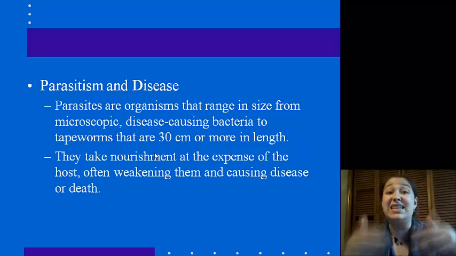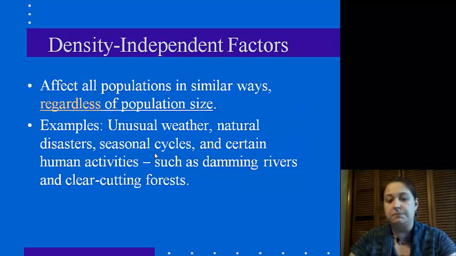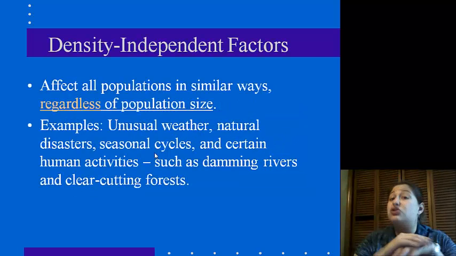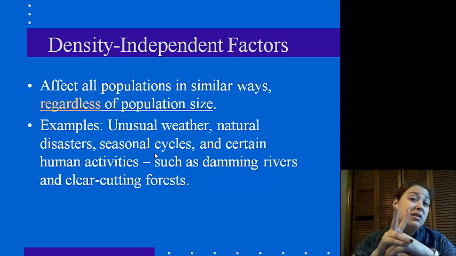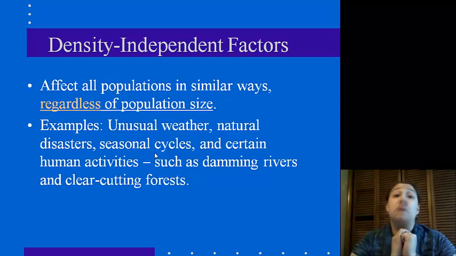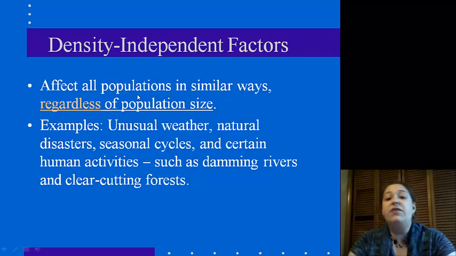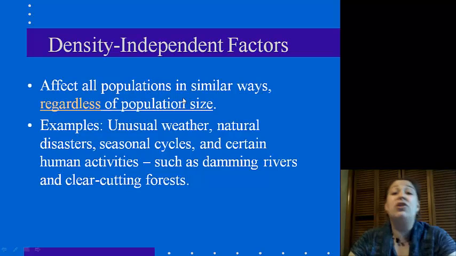These are density-dependent factors. Now, density-independent. These factors don't care if there are 2 in your population or if there are 20 million in your population. They all affect the populations in a similar way, regardless of population size.